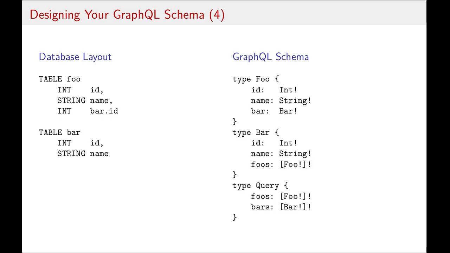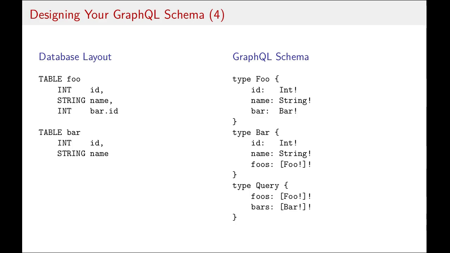So now every bar has a list of foos. Maybe that list is empty, or maybe it has a dozen, or maybe it has 1,000. But we can expose it that way. Notice that these are also mutually recursive. Not a problem. Okay? So we don't have to expose our data this way, but if we wanted to, we can.